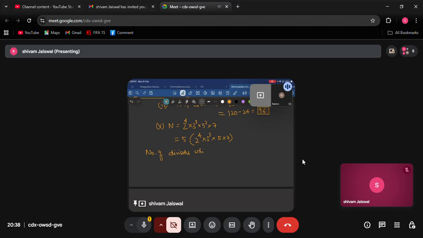It equals 4 plus 1 into 3 plus 1 into 1 plus 1 into 1 plus 1. This gives us how much? 80. Is it clear? Raktim, Anandit, are you getting?